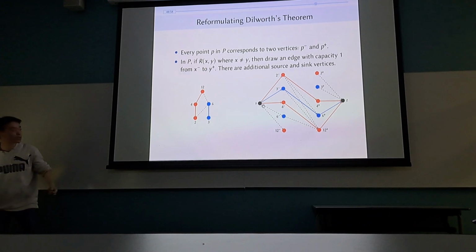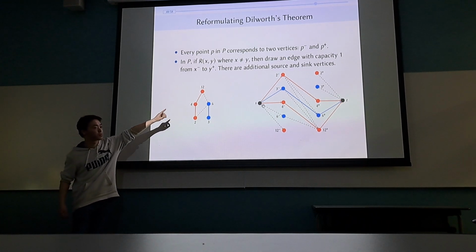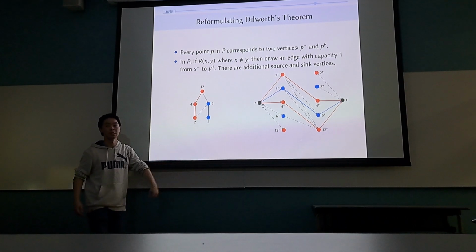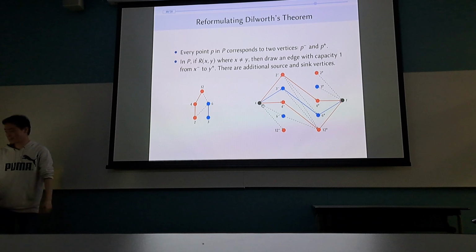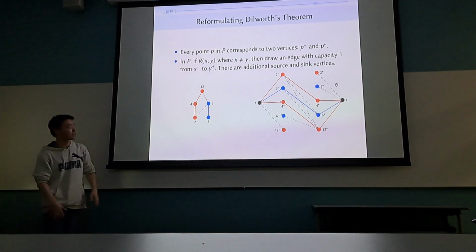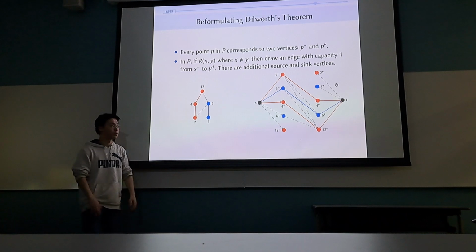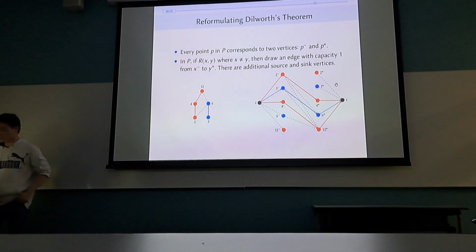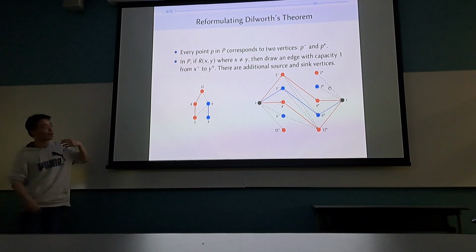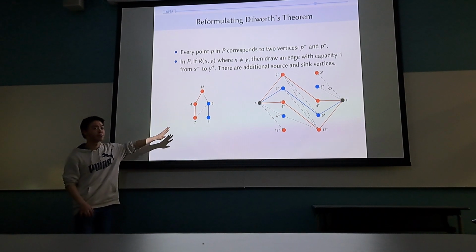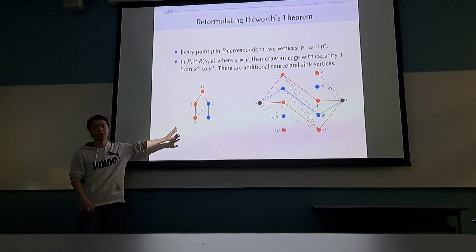So I'm going to go from the source to 3 minus, from 3 minus to 6 plus, and then straight to the sink. And what you'll find here is that this is going to be the maximum flow of my flow network. And that corresponds to the number of chains that I have in my partially ordered set.